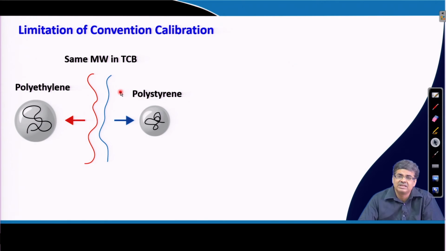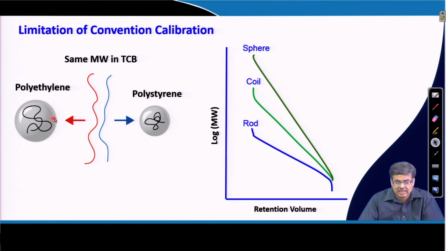Hence, if we use this relative measurement technique, this will show as a smaller molecular weight and this will show as a higher molecular weight, but in actual terms they are of the same molecular weight, because the separation is based on size, not on molecular weight.